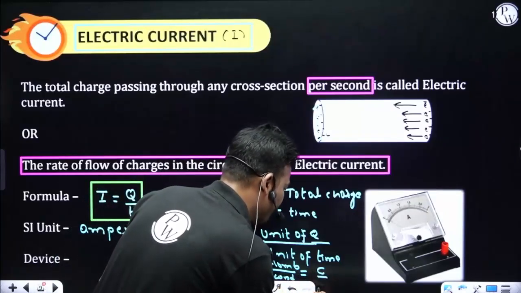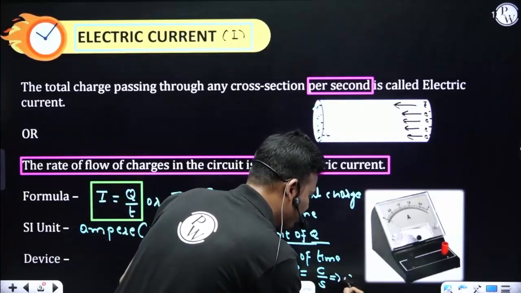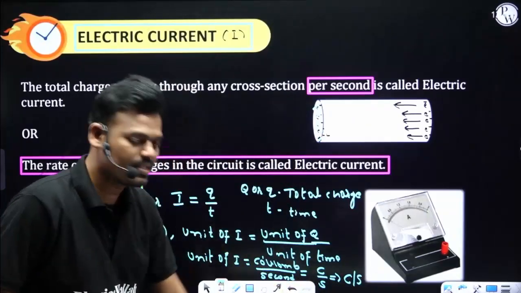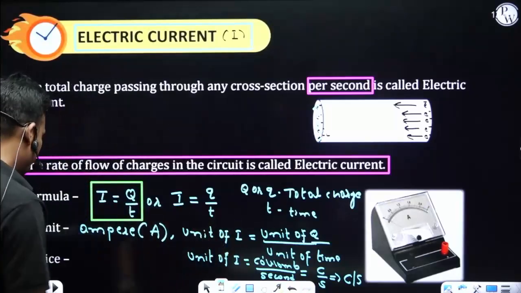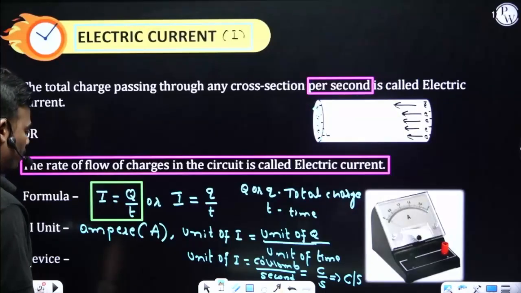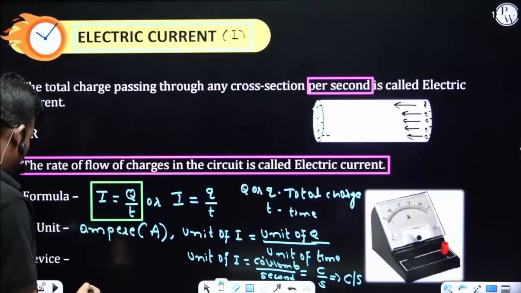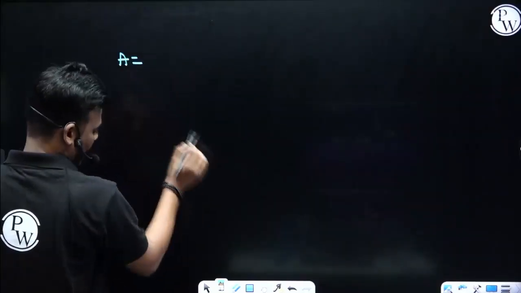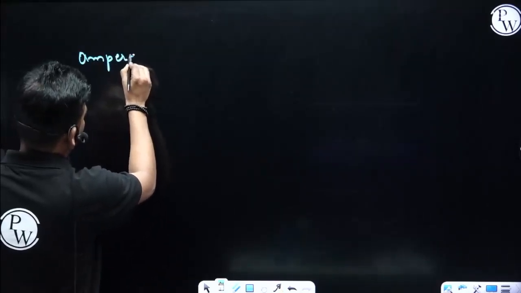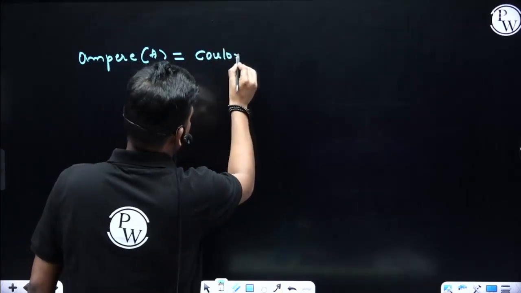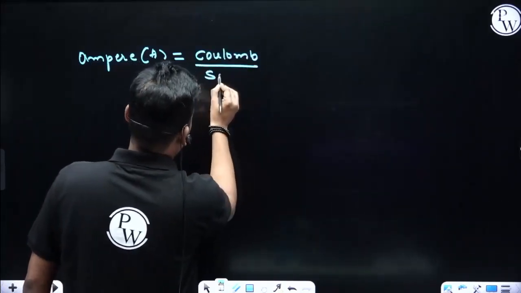Symbolically, you can write C divided by S. So here you can write C per S, means a coulomb per second. Okay, this is the coulomb per second only. Here we can write this as ampere, A, that equals coulomb divided by second, right?